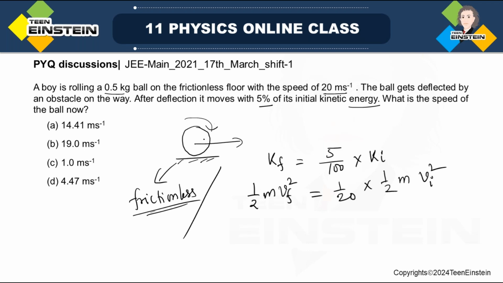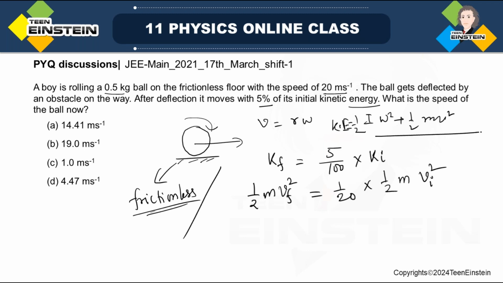When an object is rolling without slipping, we can use V is equal to R omega, and the total kinetic energy I can write as half I omega square plus half m v square. I write this only when I know that the floor has certain friction and the body is moving without slipping.